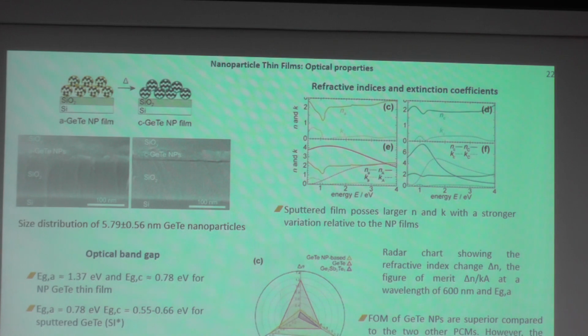What we see here is for nanoparticles, so the figure of merit is compared to GST, and this is the figure of merit of germanium telluride based nanoparticles, and this is the thin film. And we can see the change of the properties, and we see an improved figure of merit for such nanoparticles.